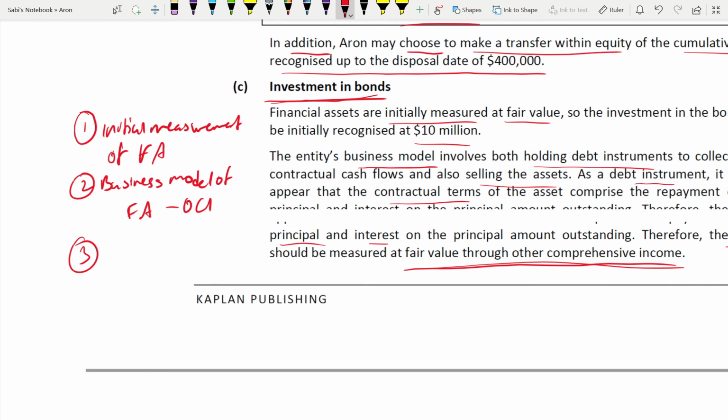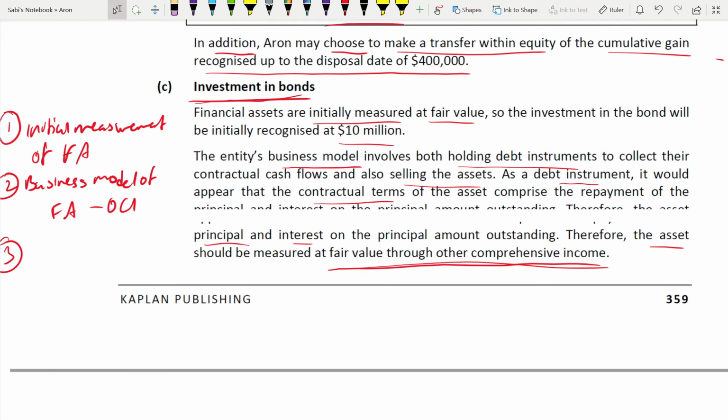Why? There's a reason for this also. I have thought about it logically. It is not written anywhere in the book. No one has told me this. I was thinking, why other comprehensive income? Then I understood: financial asset, debt instruments. Do you keep them for trading? No. Under normal conditions, you don't keep them for trading. You don't sell, buy, sell, buy, sell, buy. That's why other comprehensive income.